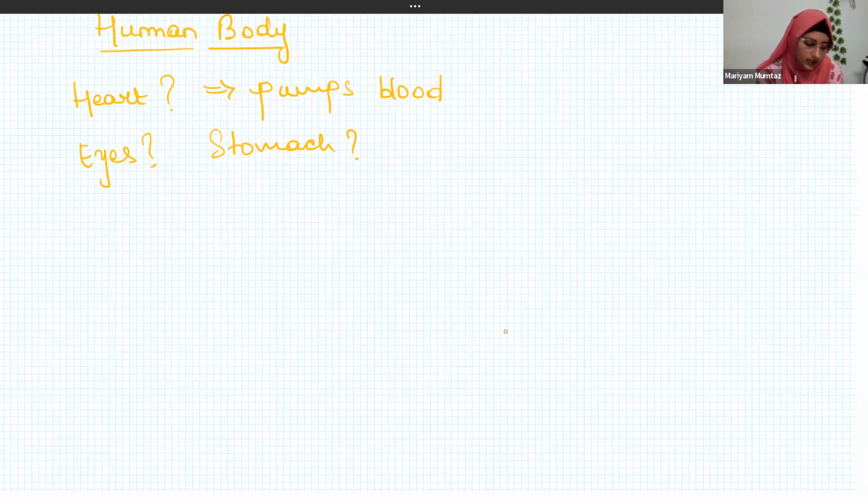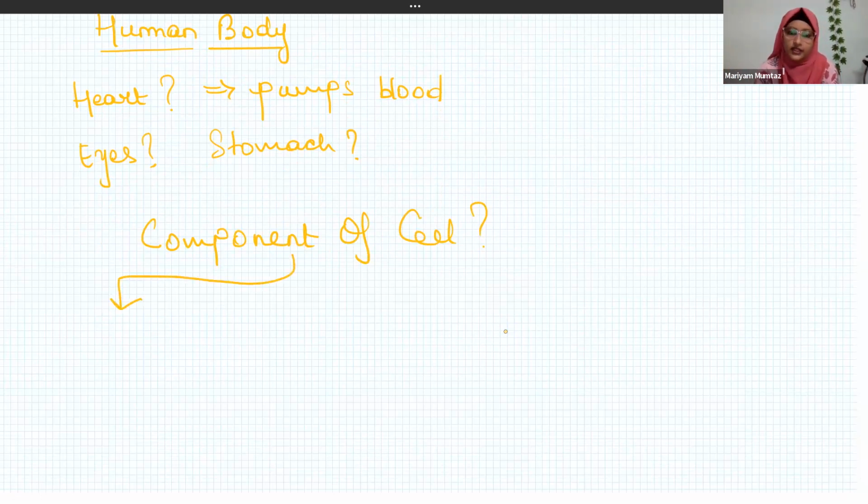So let's talk about the components of the cell. What are the components? Basically there are three components of the cell.